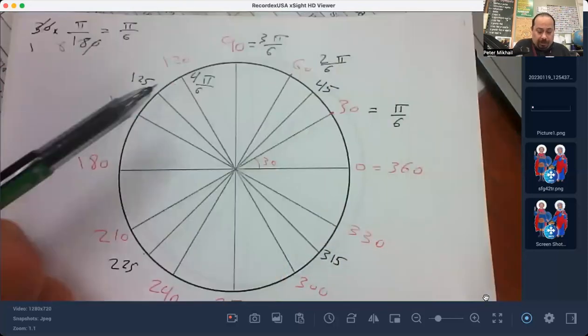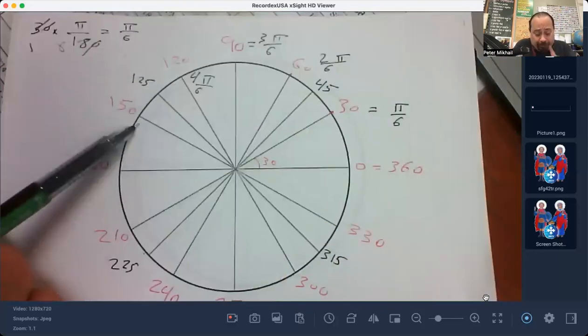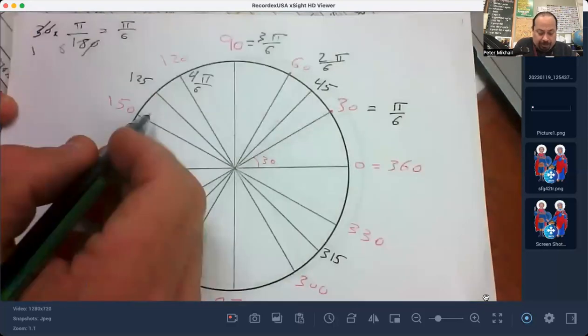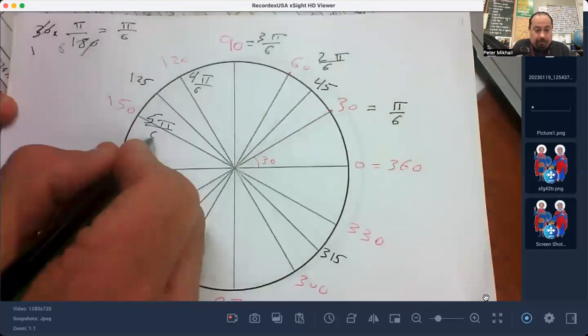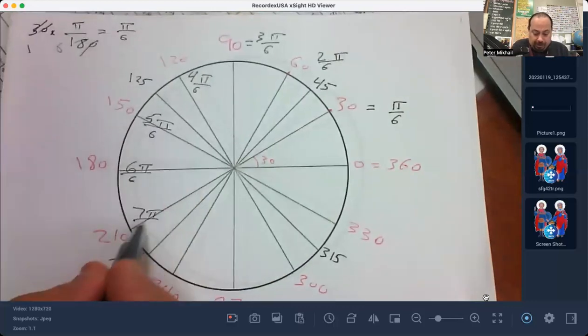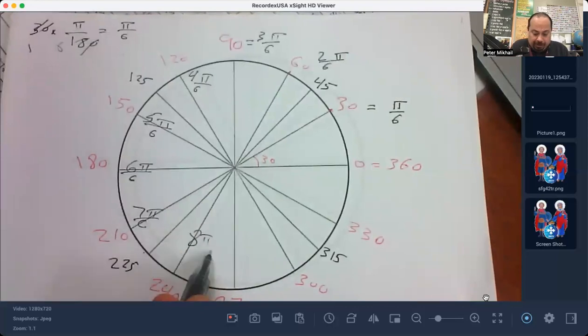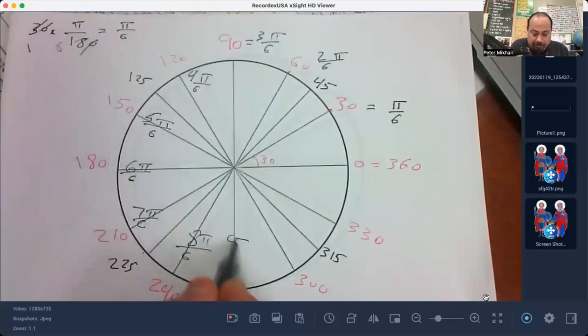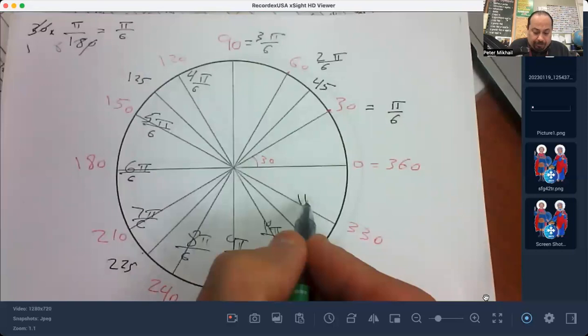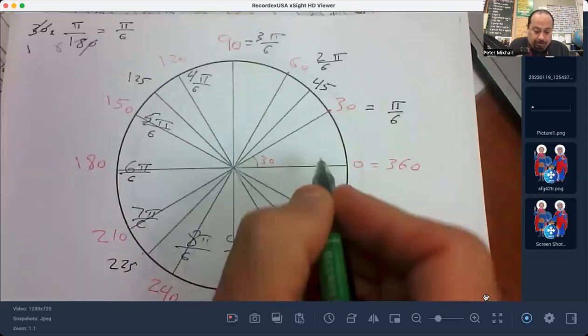How about 150? I'm only saying the multiples of 30. So it's 5 pi over 6, 6 pi over 6, 7 pi over 6, 8 pi over 6, 9 pi over 6, 10 pi over 6, 11 pi over 6, 12 pi over 6.